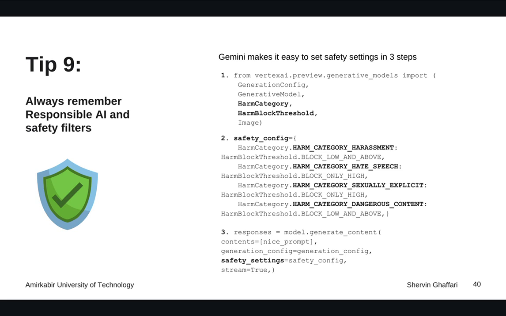So you need a filtering system to find malicious input or unwanted responses before they are forwarded to the users. You need to add this system to ensure safety and responsible AI.